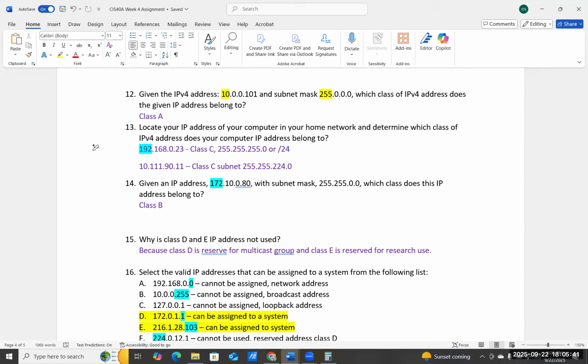So it is indicated as a /24, whereas the default class A would be indicated as /8.